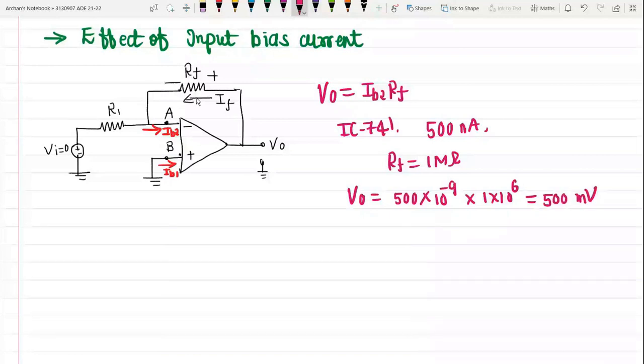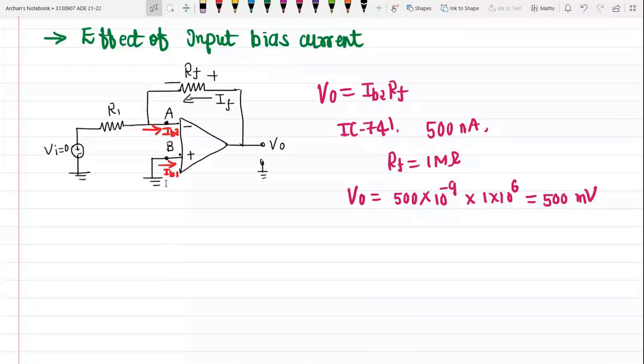This is the output offset voltage without any input, due to the effect of input bias current. This input bias current of 500 nanoampere will cause 500 millivolt to be available at the output terminal V0 without any application of input signal at terminal 1 and terminal 2. So this is the effect of bias current. It will cause some output voltage though both the input terminals are grounded.